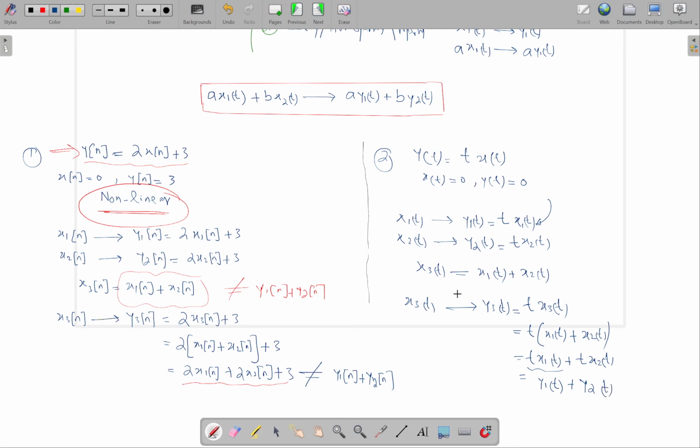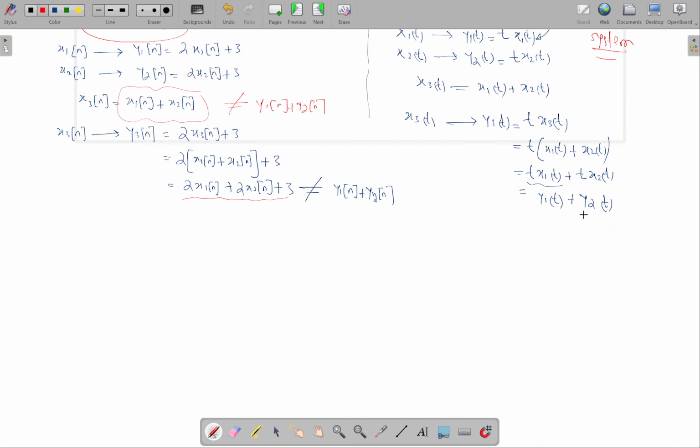So what we found is that when the input is the sum of the individual inputs x1(t) and x2(t), the output y3(t) is the sum of the individual outputs y1(t) and y2(t). So this proves that my system is a linear system. This is a proof of a linear system.